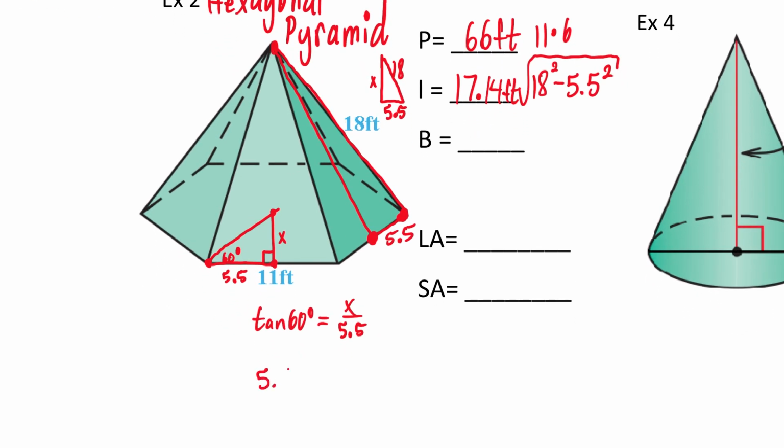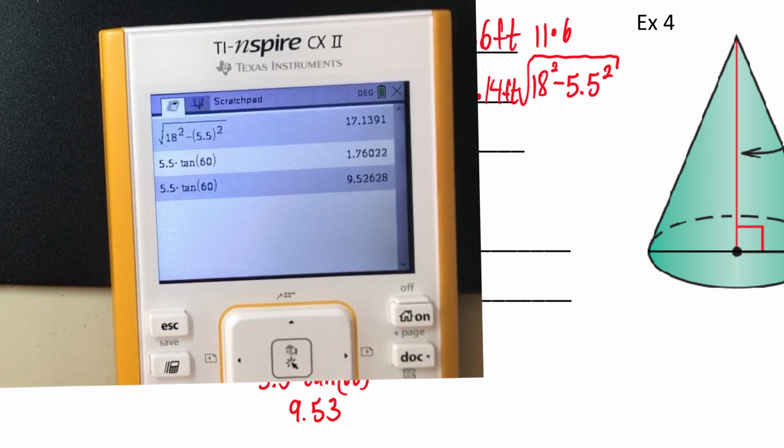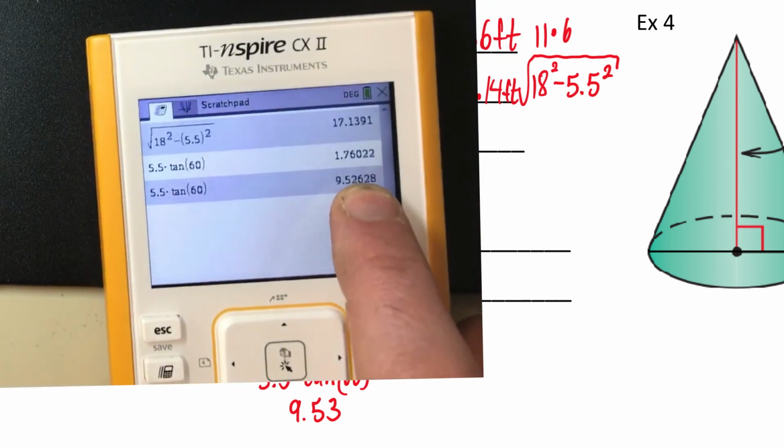So I'm just going to multiply 5.5 times the tan of 60. And what does it give you? Okay, 9.53. All right, right there, 9.53.